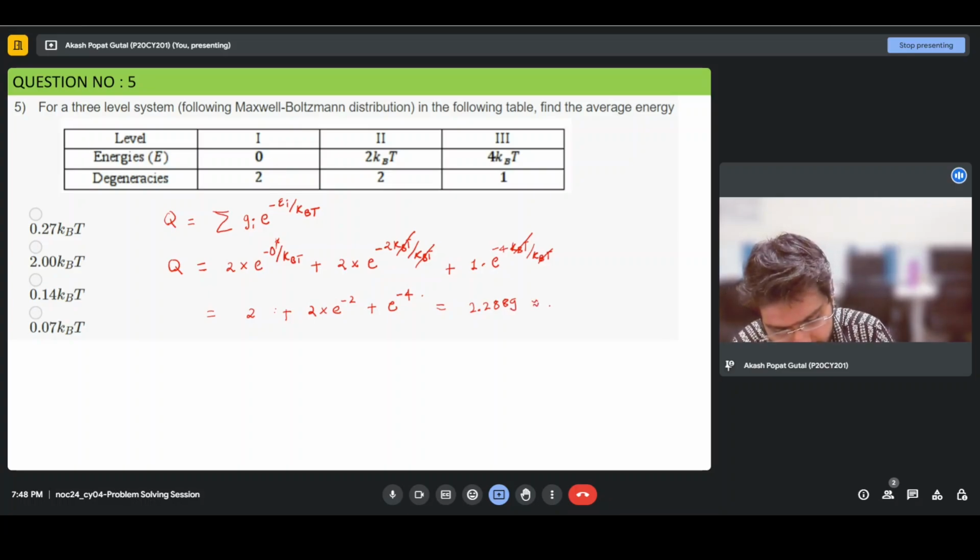If you approximate it, it will come out to be 2.29. Okay.